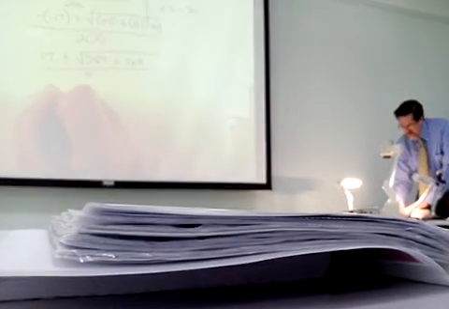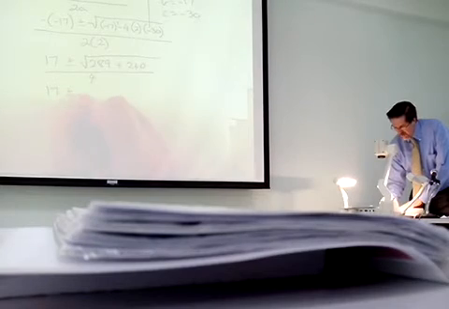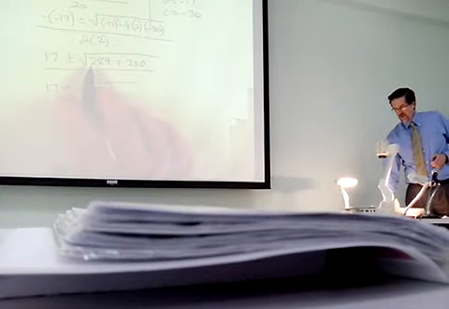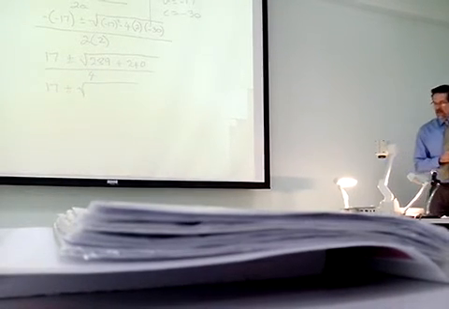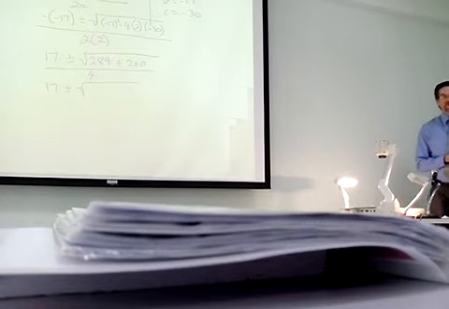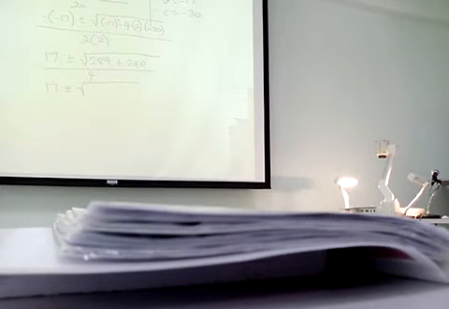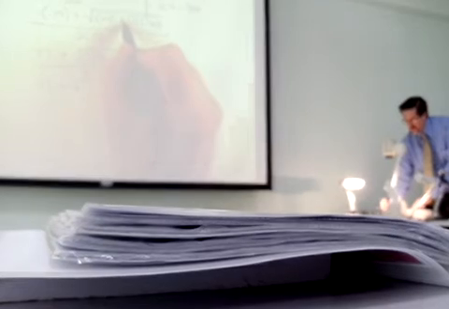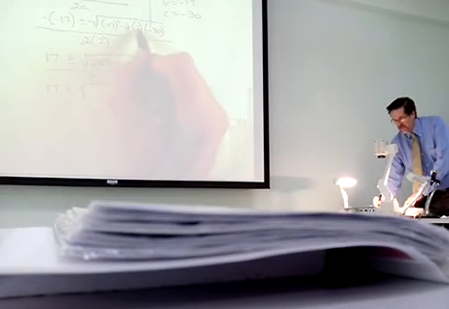So this is 17 plus or minus the square root of 289. Where is 240 from? Yes, so this is 4 times 2 times 30.